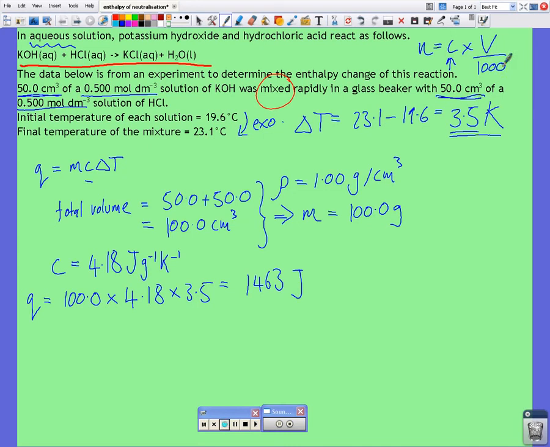So we can see that for both the acid and the alkali here, the KOH and the HCl, they both have the same volume and they both have the same concentration.